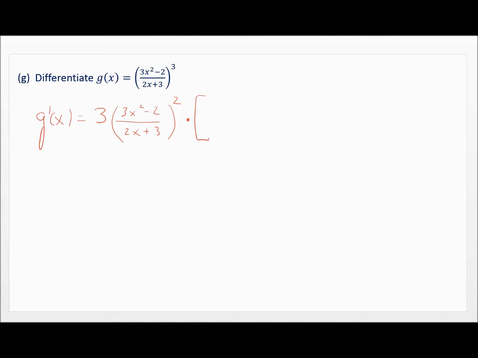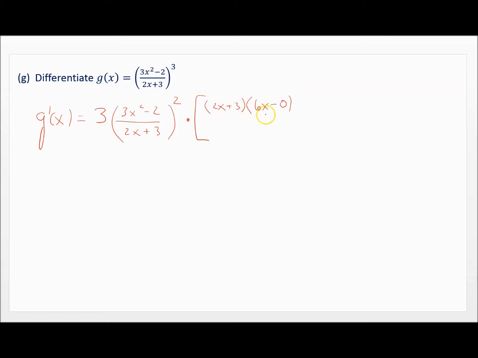What's the quotient rule? Low d high minus high d low over low squared. So low is 2x plus 3. The derivative of the high, 3x squared minus 2, use the power rule, move the 2 in front, that's 6x minus 0, which of course is just 6x.